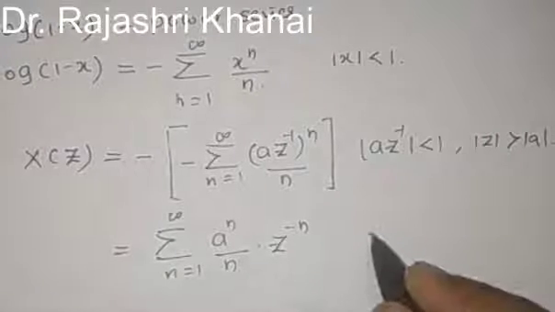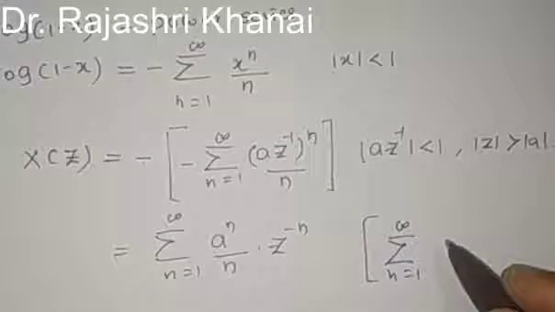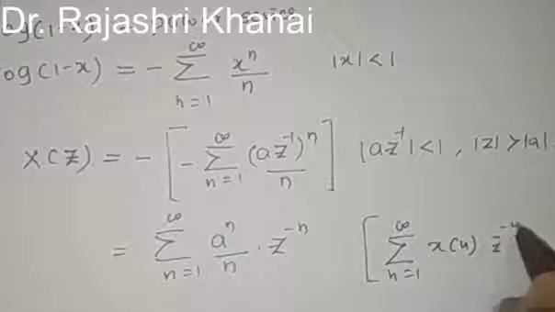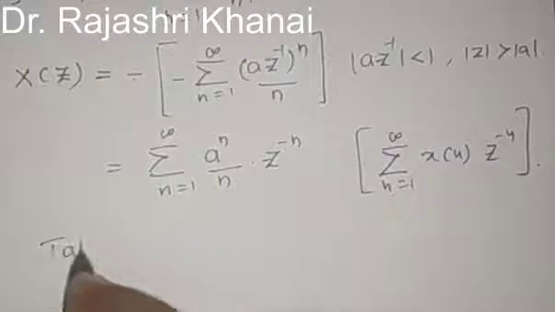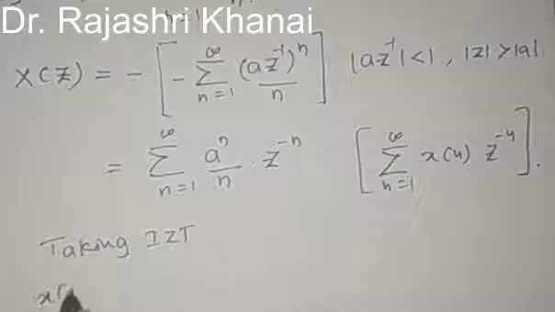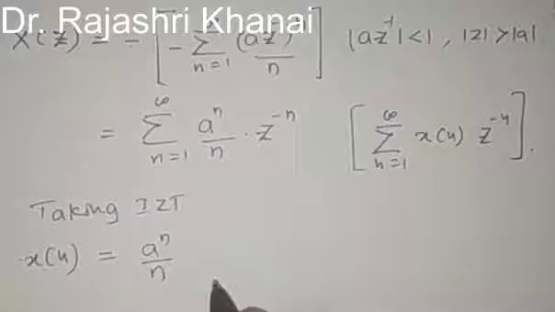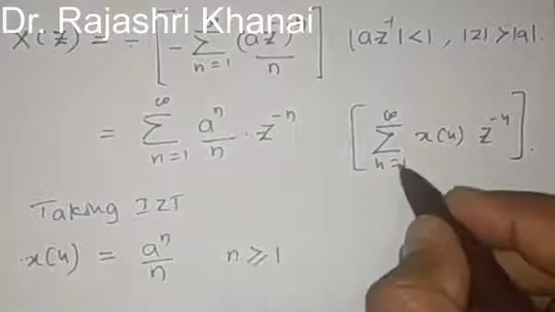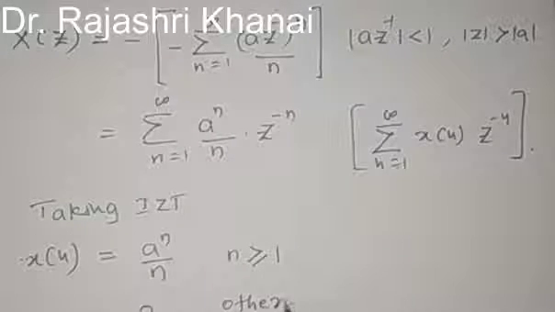Now when I compare this with the standard equation of our Z transform, summation n ranging from 1 to infinity x of n z raised to minus n, taking the inverse Z transform of this equation, I will write x of n equal to a raised to n divided by n for n greater than or equal to 1, and it is 0 otherwise.